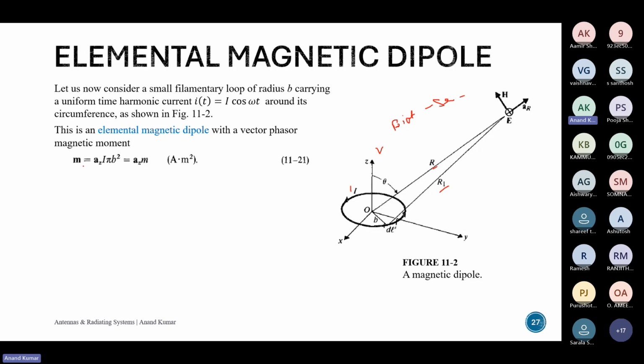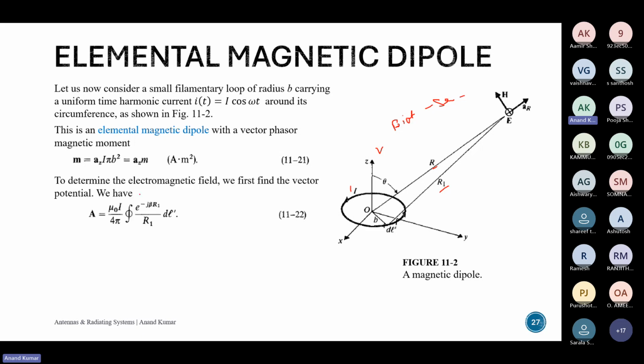So the magnetic moment is given as I pi b square, which is I pi r square. So b is the radius and I is the current through the loop. So this is the magnetic moment given over here. And to determine the electromagnetic field, we first find the vector potential as we did.